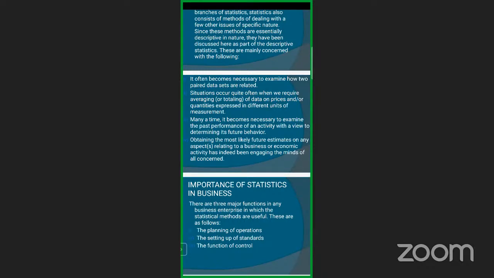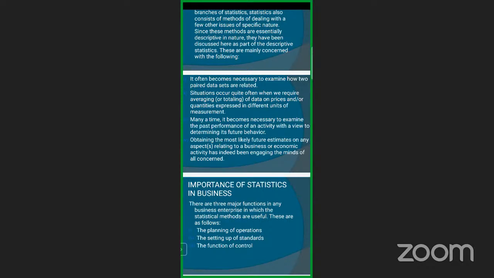That data is obtained from the manufacturing concern, where they already manufactured in the business previously. So that data is collected and used for planning purposes, for setting up of standards, and sometimes, if the expenditure incurred is more than the planned one, for controlling the expenditure.